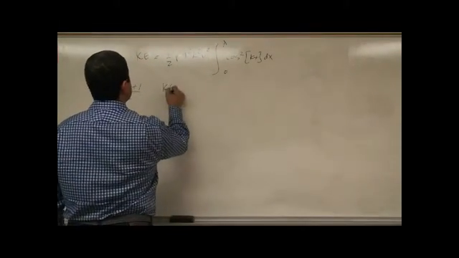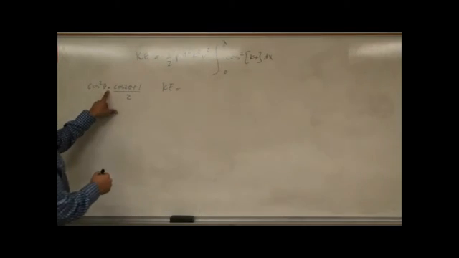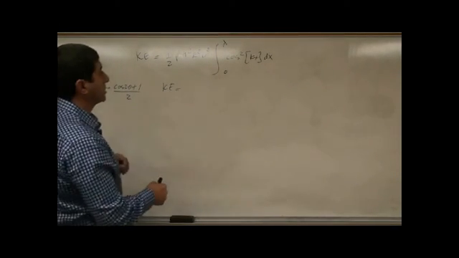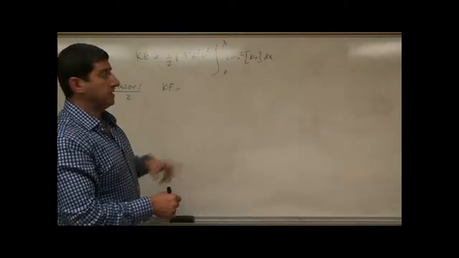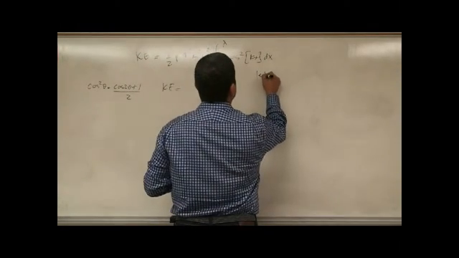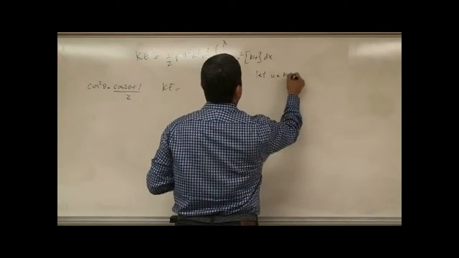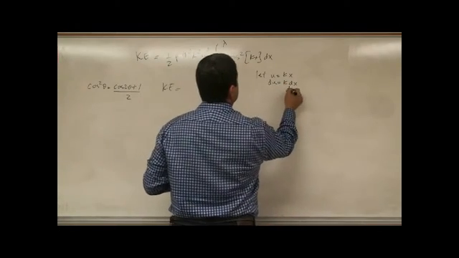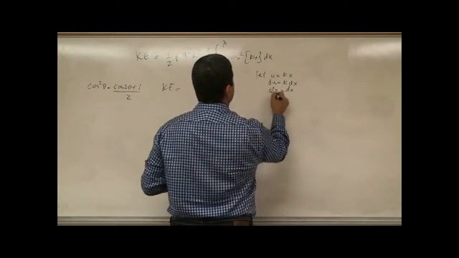So then you're going to have the kinetic energy. Since the 1/2 from the cosine squared identity is going to come out, what we're going to do first is a u substitution. Let u equal kx, du is equal to k dx, and then dx is going to be du over k.